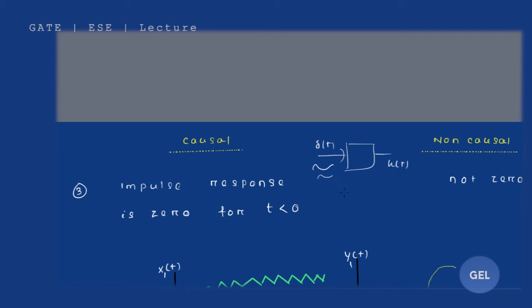Because a graph is made up of a train of impulses. Clear?